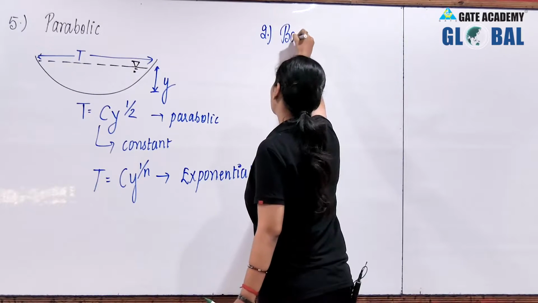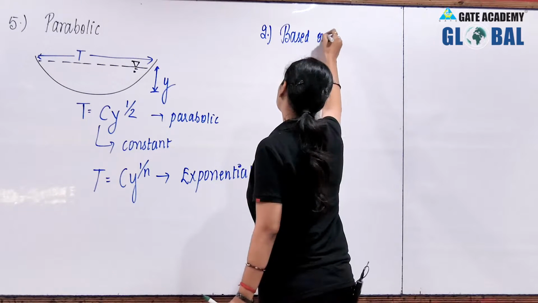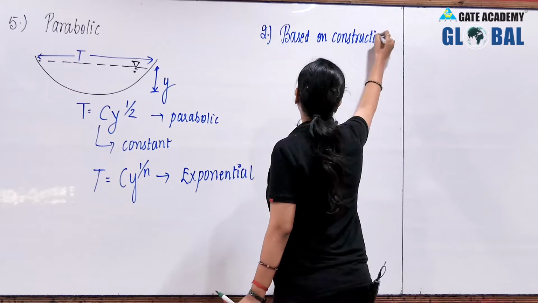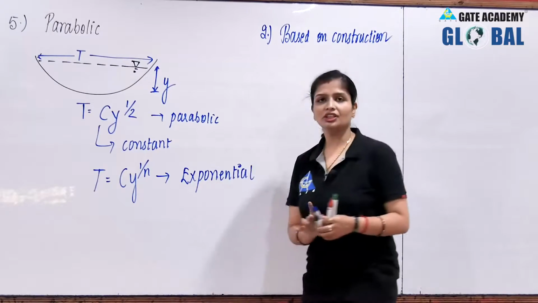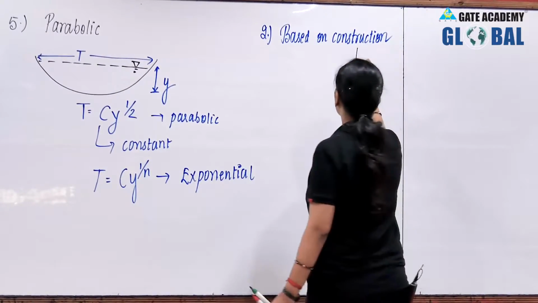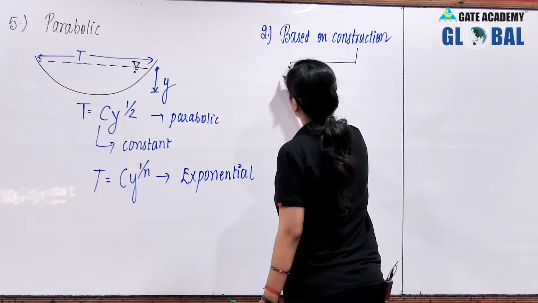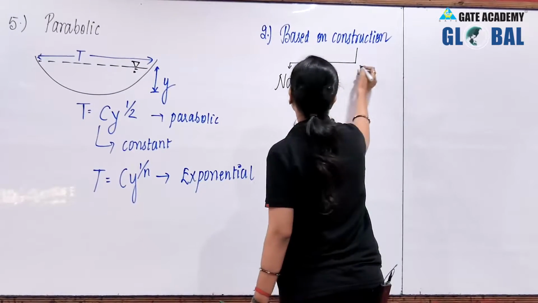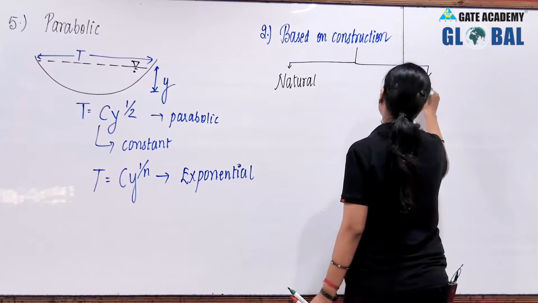So, based on construction, basically there are two types. First one is your natural and the other one is your artificial.